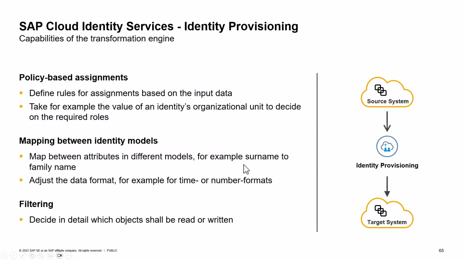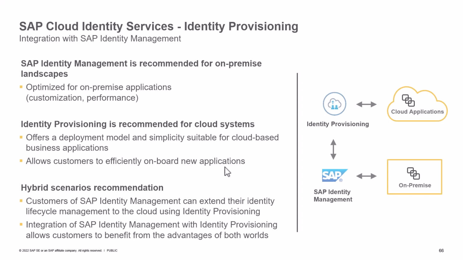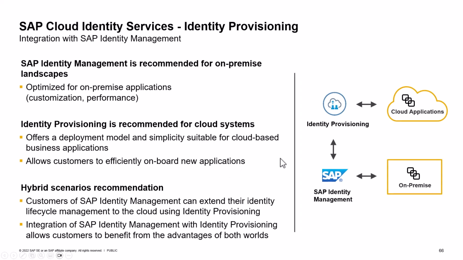So we looked at the transformation engine. You can take the source, transform it, and then write it to the target system. In addition, if you're going to be using an on-prem system, for example SAP S/4HANA, it doesn't natively support the SCIM protocol.